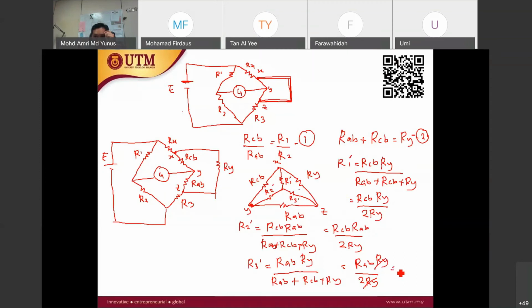So R3 prime equivalent to RAB divided by 2. Okay, so we get R1 prime, R2 prime, and R3 prime.